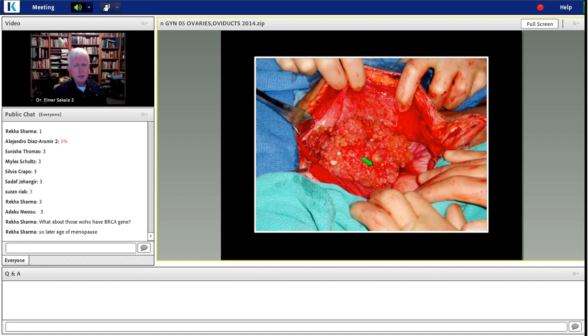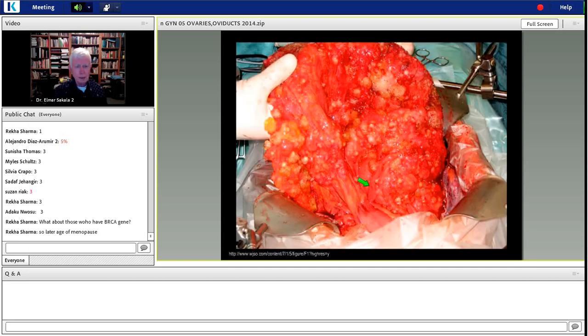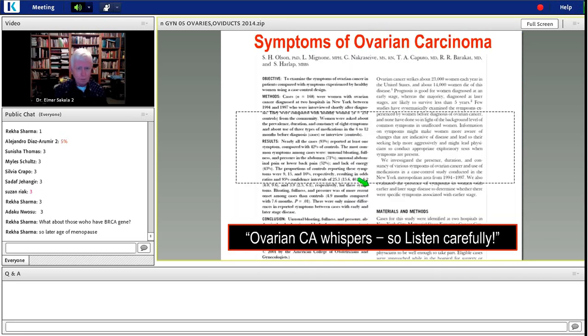And you can see the intraperitoneal spread for ovarian cancer. And look at the spread here. It's just like a solid sheet. Sometimes you have to do bowel resection. Sometimes you have to do an ileal conduit. So the gynecologic oncologists who work on these cases, they have long, long surgeries, sometimes 10, 12 hours.